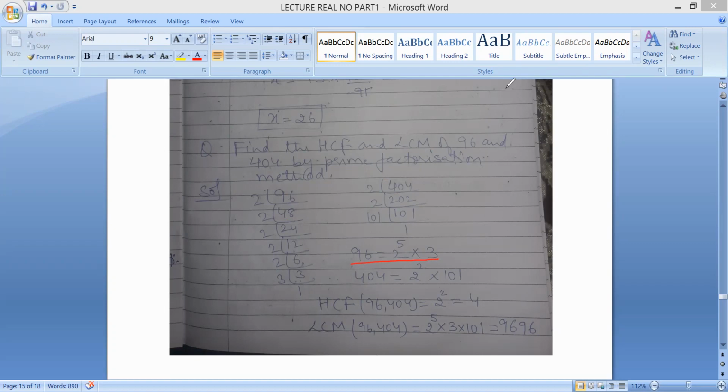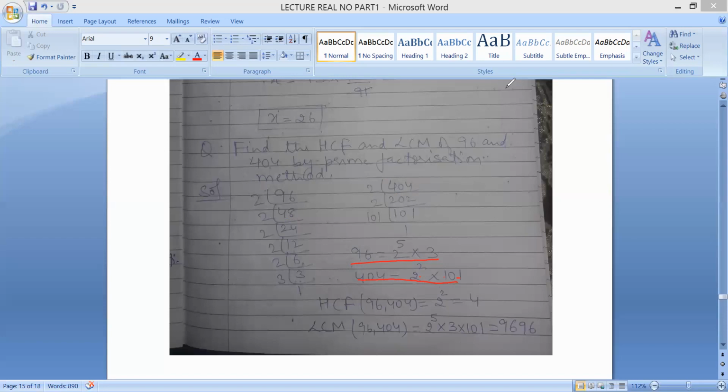HCF of 96 and 404 is 2 square, that is 4. Because between 2 square and 2 to the power 5, what is common is 2 square. For the LCM of 96 and 404, between 2 to the power 5 and 2 square, which is greater? 2 to the power 5.